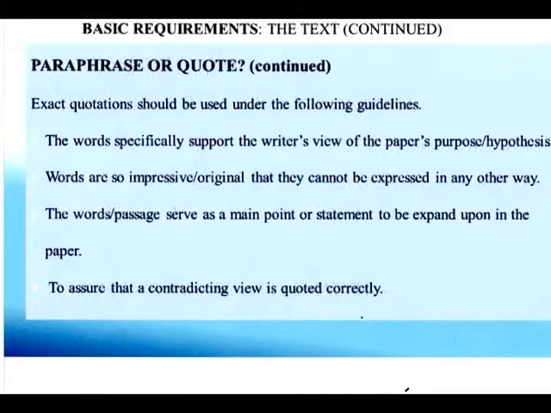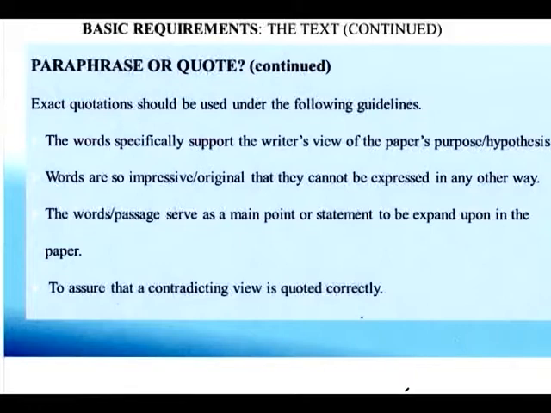So you may see something within the authoritative resource that you can build an entire page, an entire paragraph, an entire section around, and you want to have that quoted specifically.